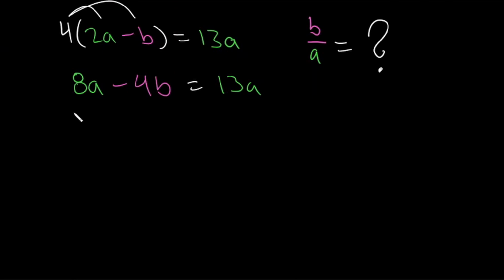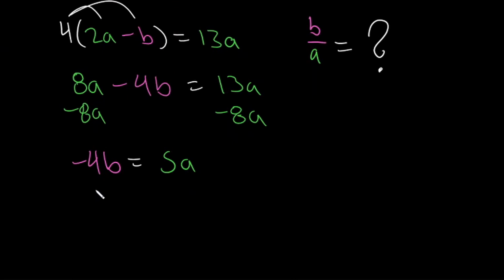Now, to get all of our a's on one side and all of our b's on the other, we can subtract 8a from both sides. So -4b is going to be equal to 13 minus 8, which is going to be 5a.